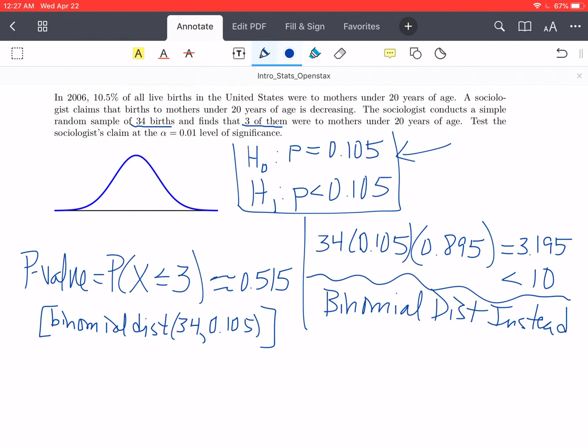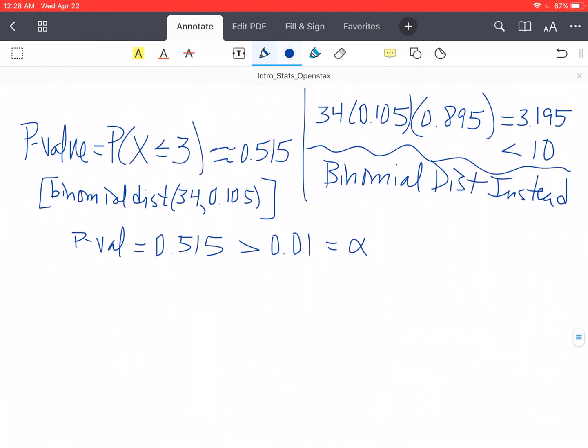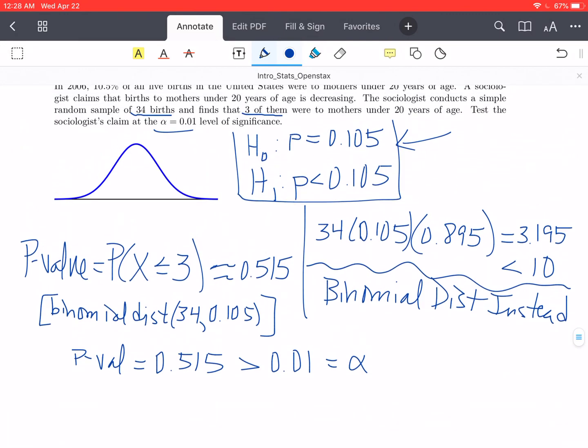Now let's compare this to our alpha value. The p-value is 0.515. That is certainly greater than the alpha value, which we had up here, 0.01. And since our p-value is significantly greater than alpha, we cannot reject the null.